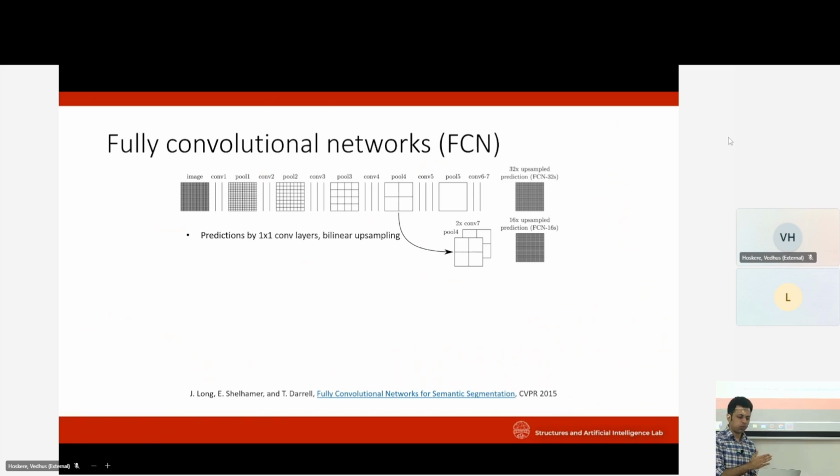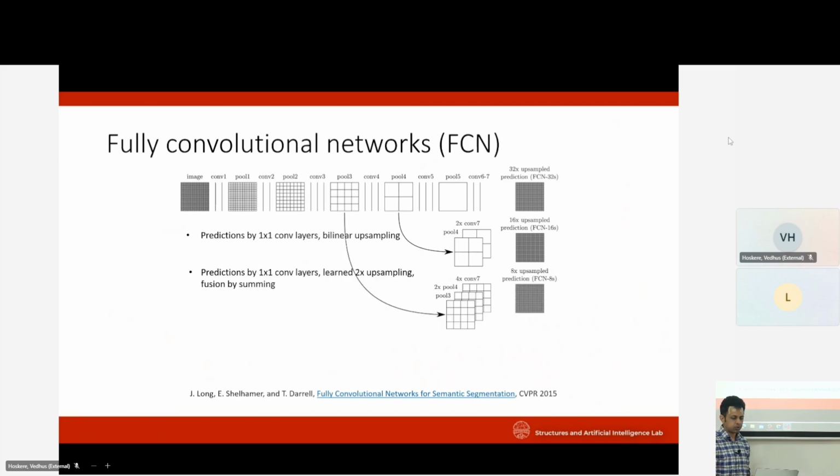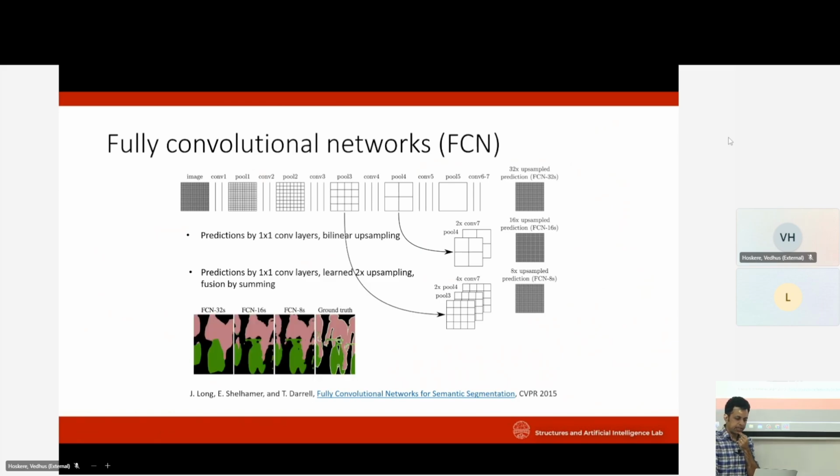So if you look at pool 4, you only need to upsample that 16 times. And similarly, you can use pool 3, you only need to upsample that 8 times. And they applied their loss function on top of these different upsampled outputs, and a combination of those.